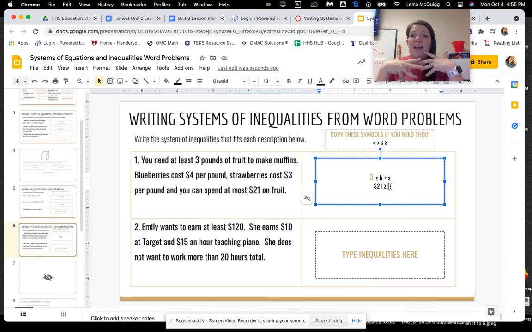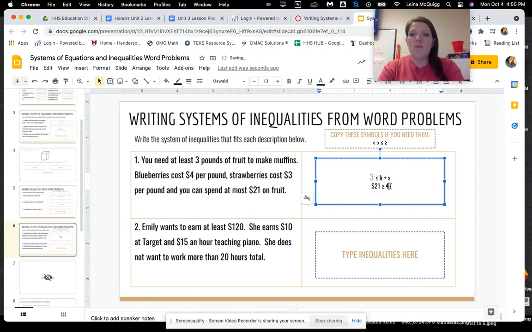And now, how do I figure out how much I can spend on each one? So the total amount I spend is going to be the cost of my blueberries plus the cost of my strawberries. And we know we used B to represent the number of pounds of blueberries, and we can see in our word problem that each pound of blueberries costs $4.